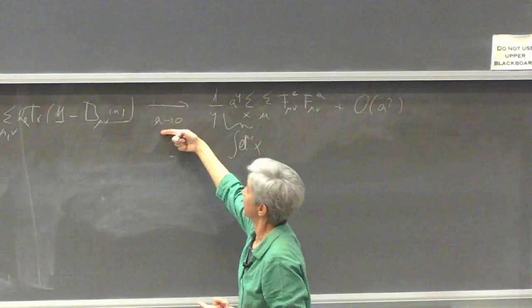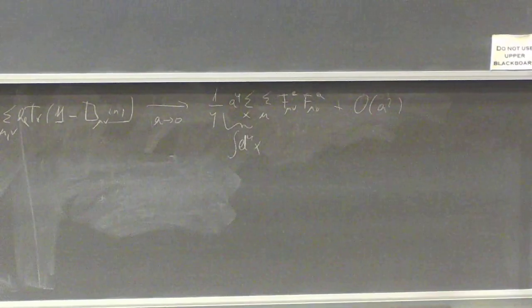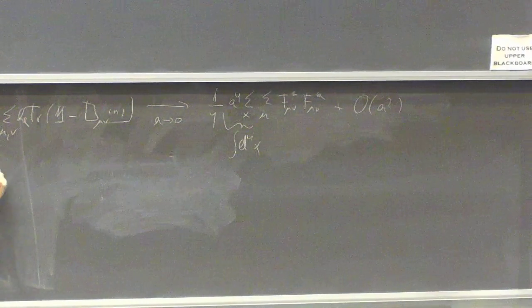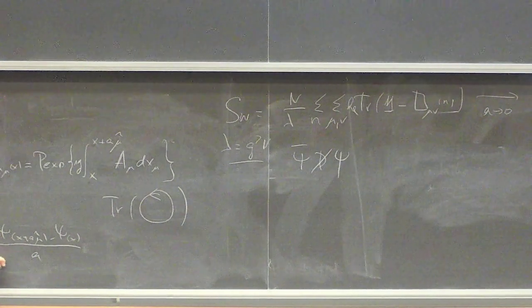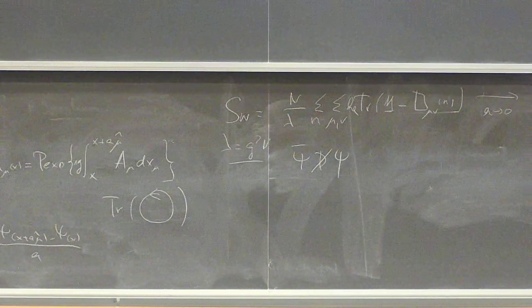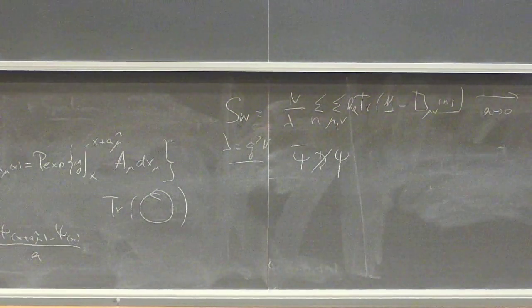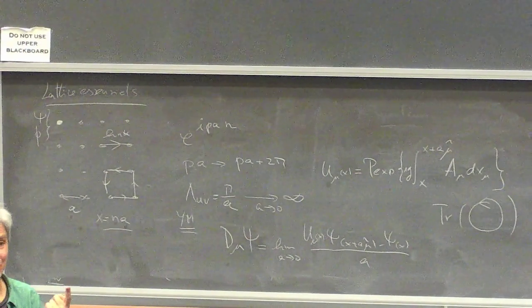So this is a naive continuum limit, and for the fermions, in principle, you could construct a fermion action in this way, using this covariant derivative. But the problem, and I'm sorry, I have no time to discuss it, is that if you look at this lattice propagator, it does not describe one fermion. If you look at the dispersion relation, it has 16 fermions attached to it.